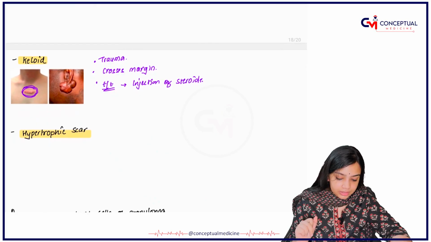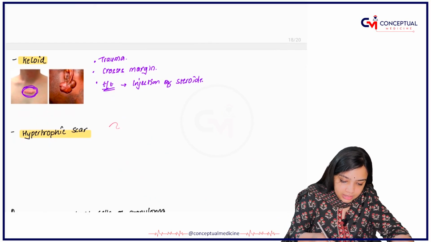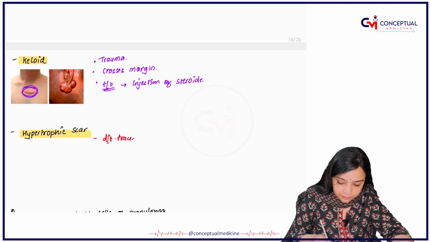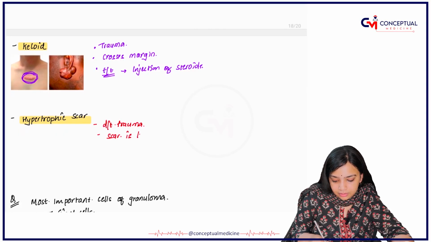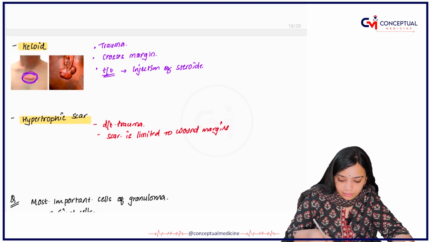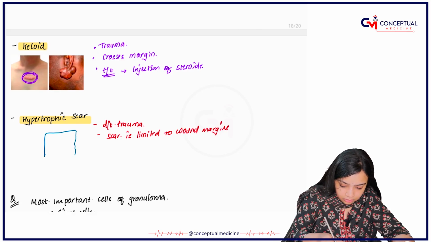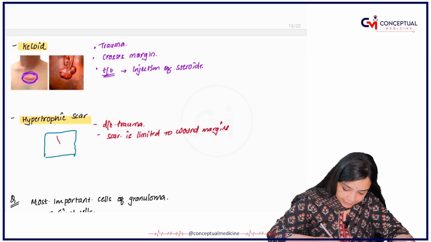Next is the hypertrophic scar. A hypertrophic scar is also formed due to trauma. What happens in the hypertrophic scar? The scar is limited to the wound margins. I'll draw the figure. Suppose this is your skin, and a certain trauma has happened.